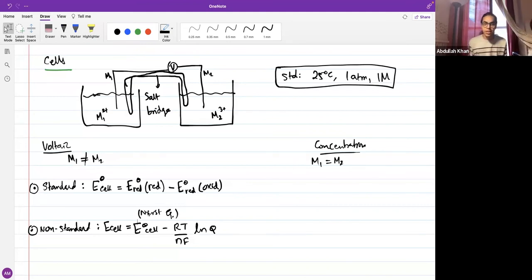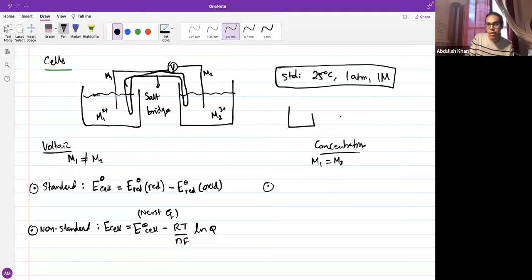On the concentration cell side, remember the metals are the same. The idea is electrons need to see a difference on the two sides to decide what side to move on to, right? The incentive for the electron needs to be, hey, there's actually a difference between this side and the other side. What happens when you have a standard concentration cell?